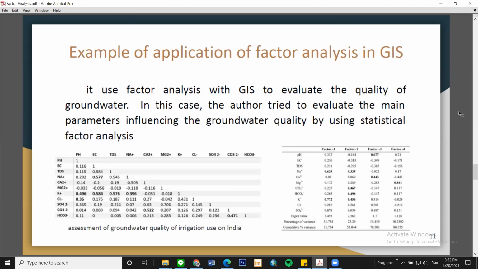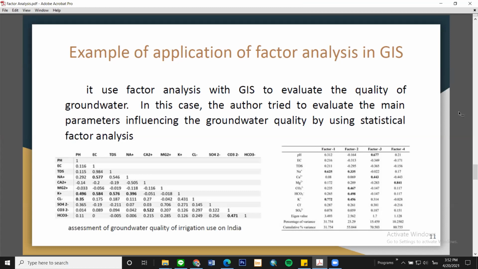This is an application of factor analysis in GIS. This application is used in the assessment of groundwater quality in India. It uses factor analysis to evaluate the quality of groundwater. The result of this is shown in this table.